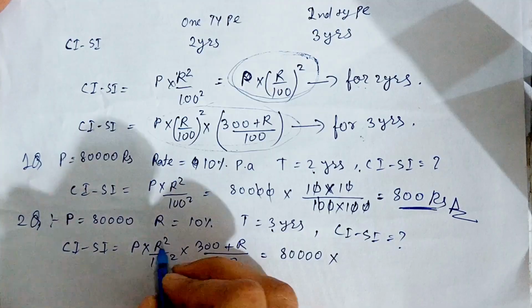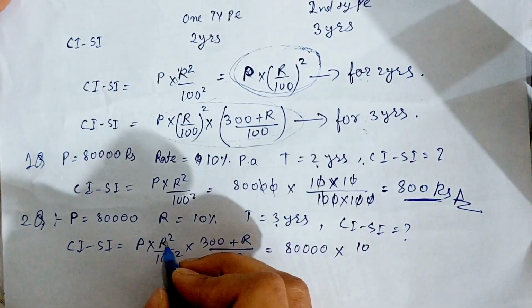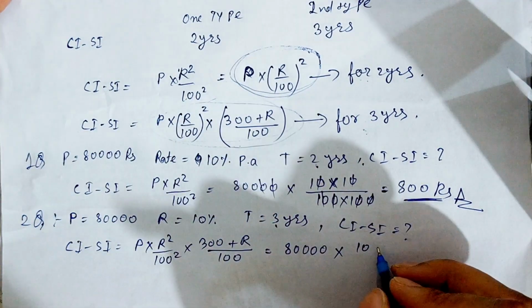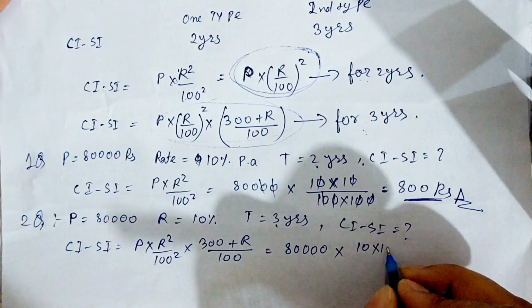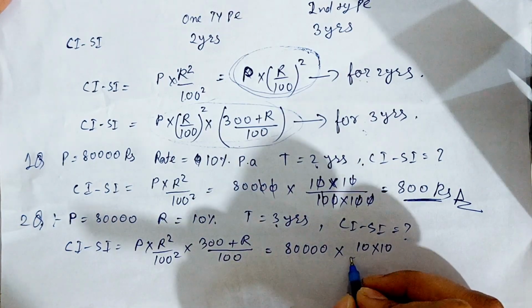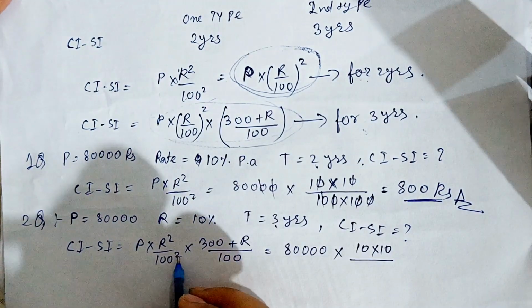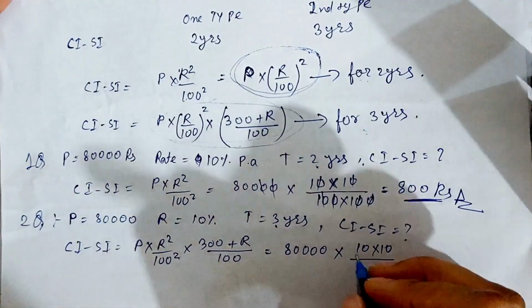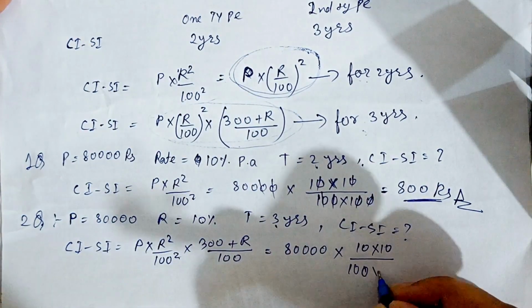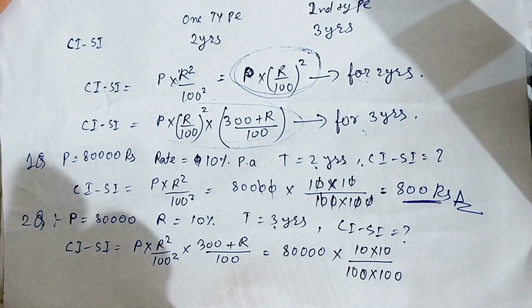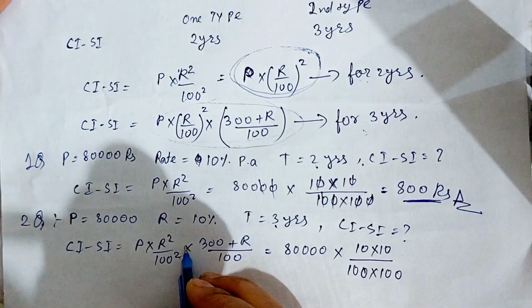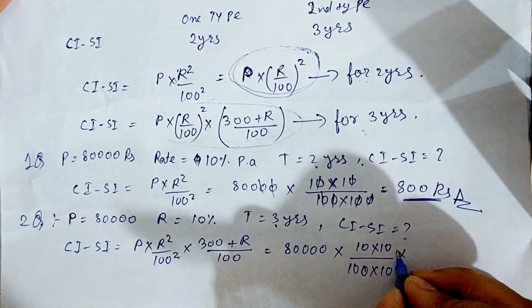What is the value of R? 10, and the power is 2, so we multiply 10 into 10. In the denominator the power of 100 is 2, so we multiply 100 two times. Then we write the multiplication as it is.